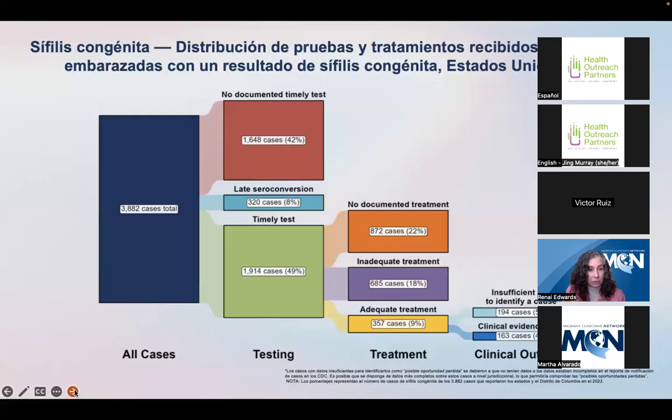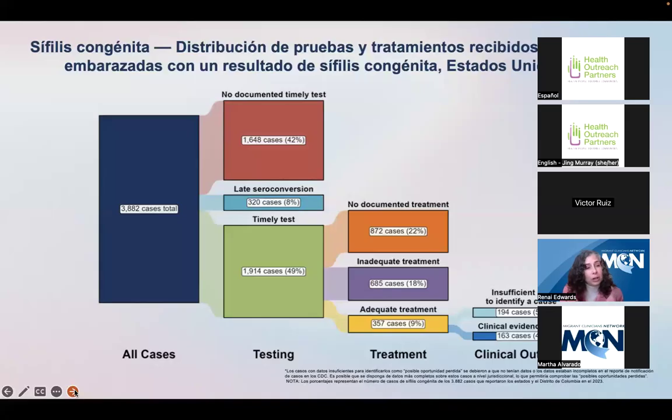Something happened after that first test. And then finally, just under half actually had a timely test documented. Labs are required by law to report syphilis positives to their state health department. So even if a clinician didn't report the case, the lab would have had to. So there's a lot of missed opportunities there.